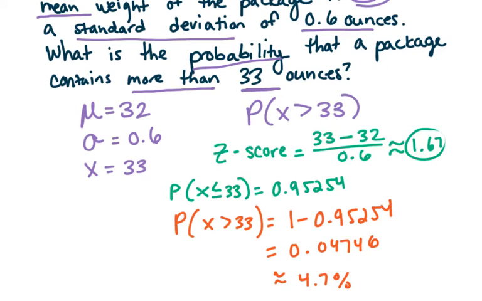There's a 4.7% chance that my package is going to contain more than 33 ounces. You can leave it just as a decimal, though. You don't have to turn it into a percent.